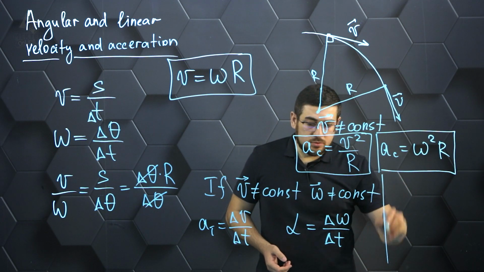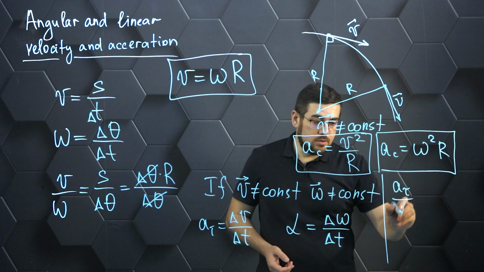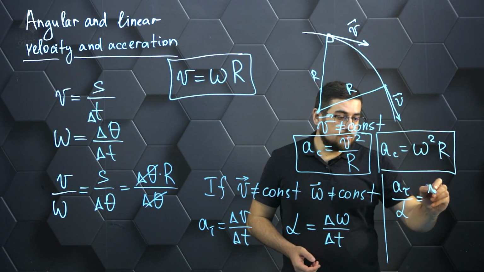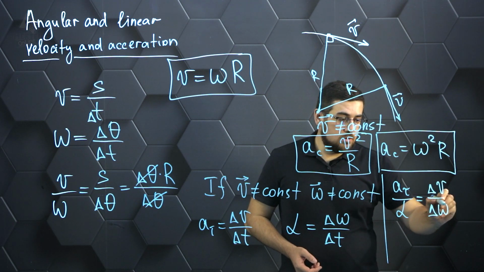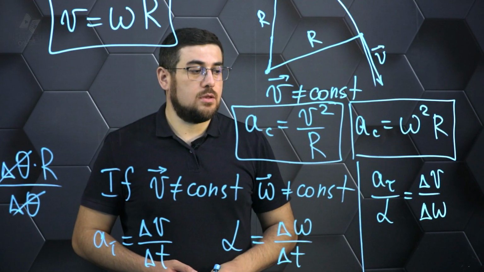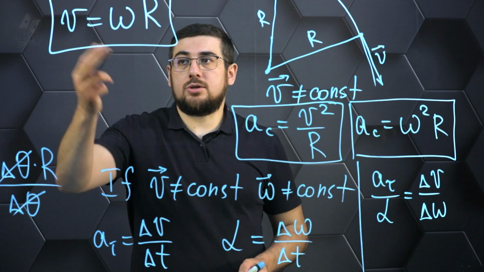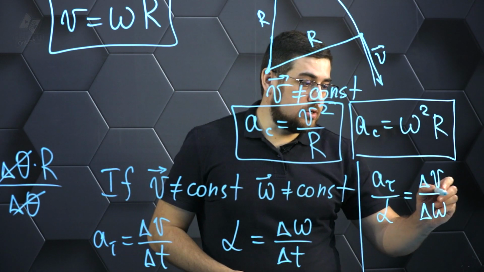So we get that the ratio of tangential acceleration to angular acceleration is the ratio of the change in linear velocity to the change in angular velocity. As we have guessed, we can also now use the formula that relates linear and angular velocity to each other and substitute in this expression.